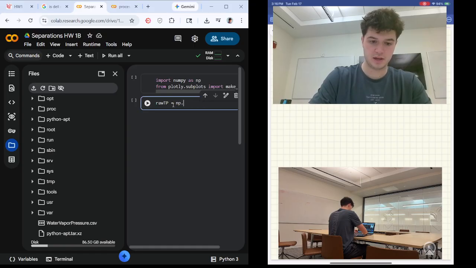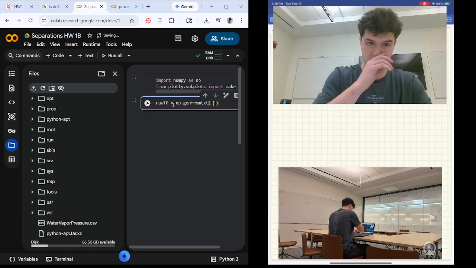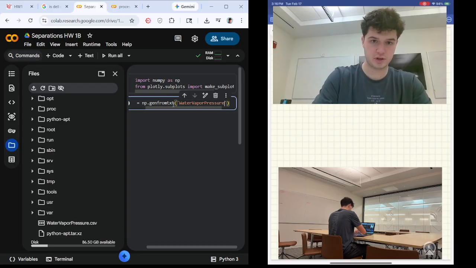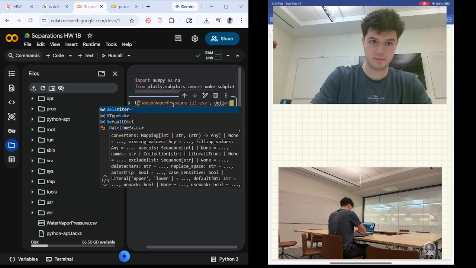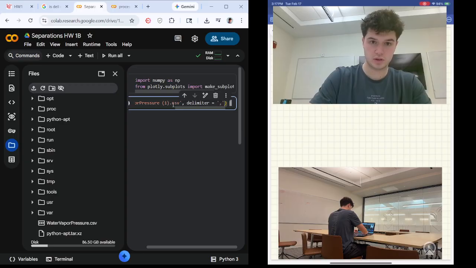Sorry, I forgot the period. np.genfromtxt. And then you have to type in the actual name of the file, which will be water vapor pressure 1.csv, and then comma, delimiter equals x. What am I thinking?